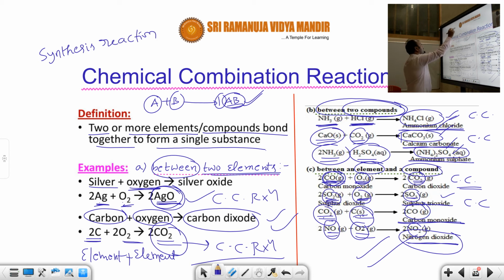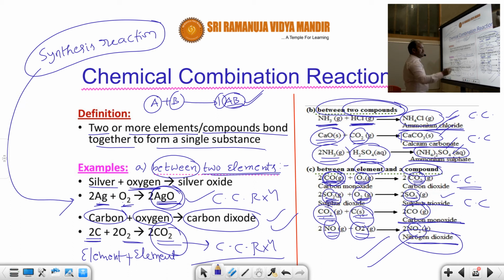Whenever elements combine, here silver is an element and oxygen is an element, to form only one new substance in the product side, then the chemical combination reaction is also called a synthesis reaction. So this is very important.